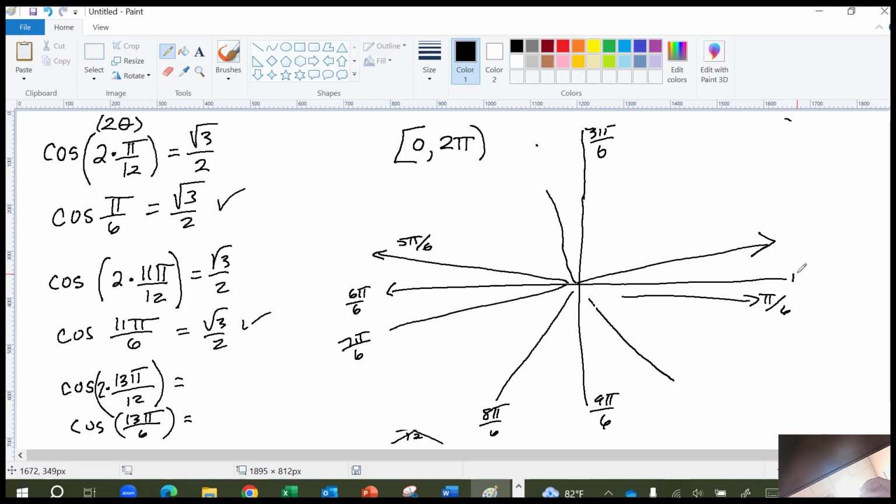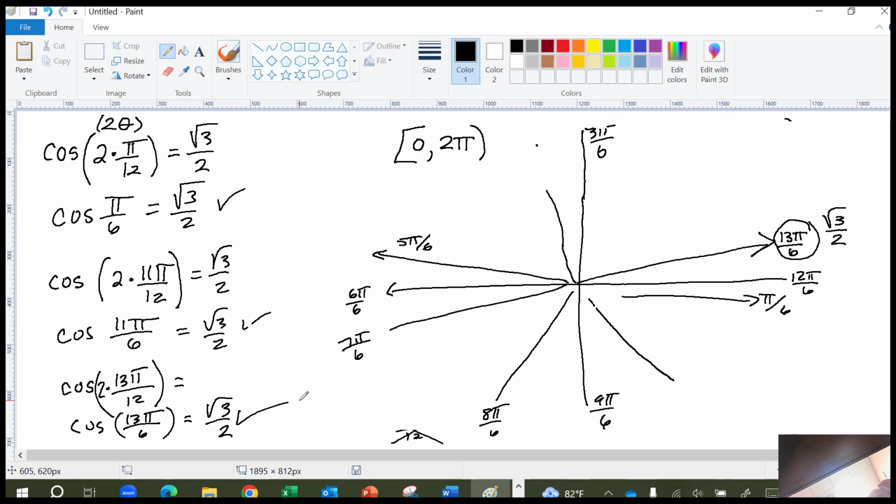This is 12 pi over 6. And guess what? This is 13 pi over 6. So see, we are back at the square root of 3 over 2. So that is also the square root of 3 over 2 because it's the same as pi over 6.